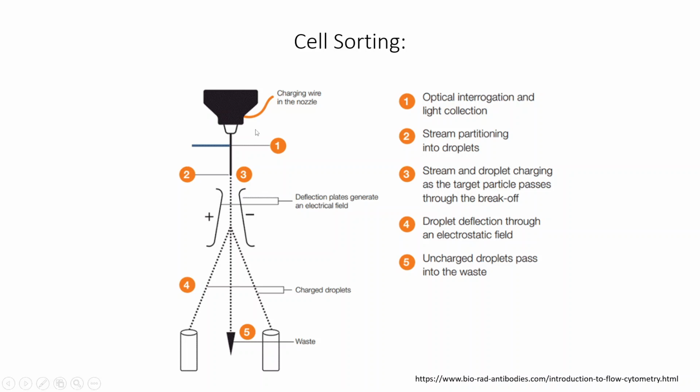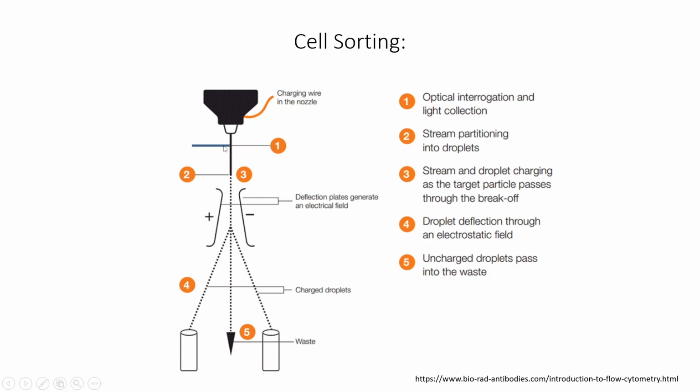Here is where you have a laser that is hitting your single file of hydrodynamically focused cells. One cell is moving here, I've hit it with laser, and I have looked at its different properties like its size, its granularity, and the fluorescent markers that may or may not be present in it. Okay, so suppose I want to see fluorescent label expressing cells only.